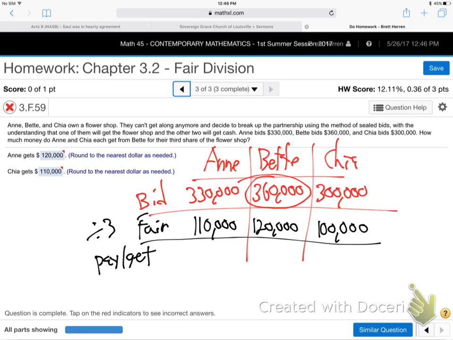Right? Next comes what they pay or get. How do you figure that out? You take what they get minus what's fair. Remember how we did that? What they get minus what's fair? Okay. So what does Ann get?